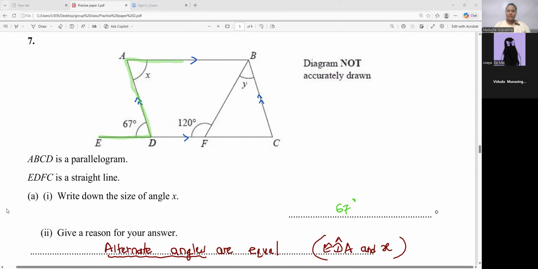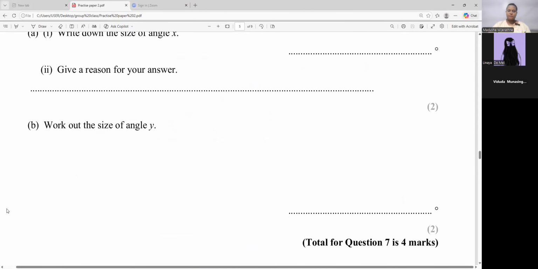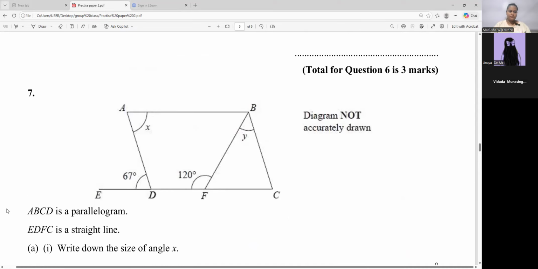Work out the size of the angle Y. This is 67. Y is here. And in a parallelogram, we know that opposite angles are equal. So if this is 67, this is also 67. Then since EDFC is a line, if this side is 120, this is 60 degrees.